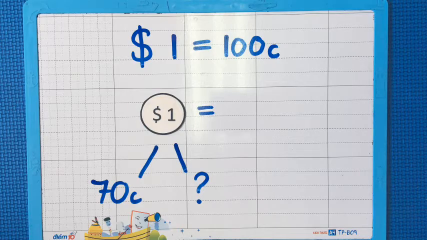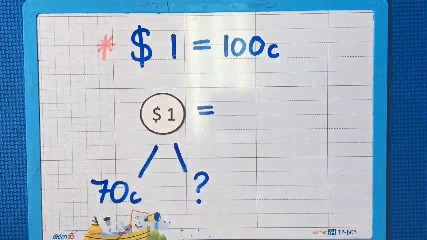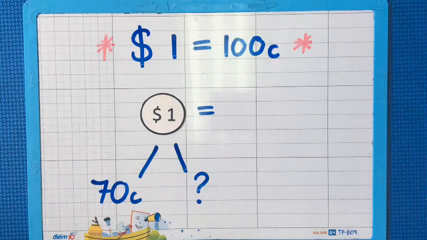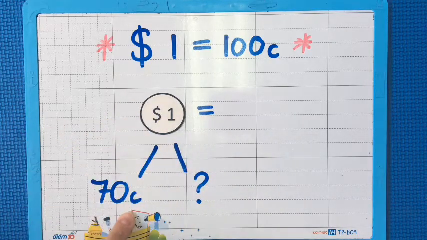Remember what I said. The most important thing to learn is that $1 equals 100 cents. So when we see a number like this, we can see we are working with dollars and cents. And remember, I said to you yesterday, they are not the same.